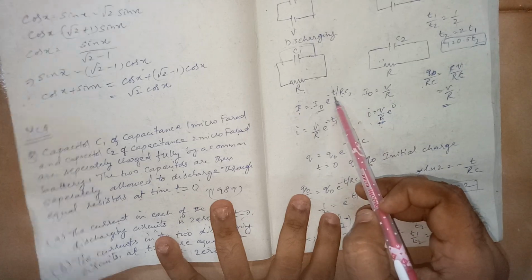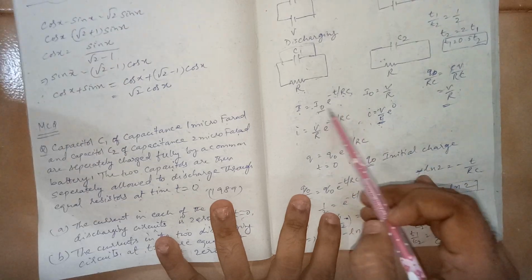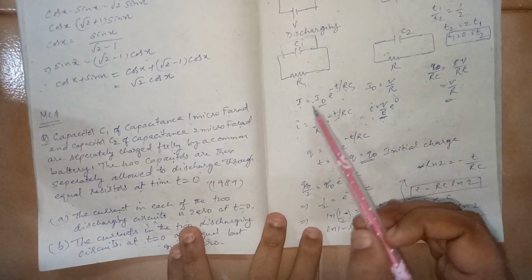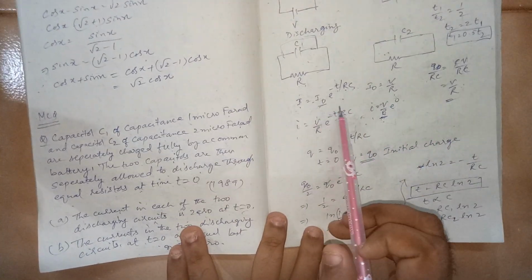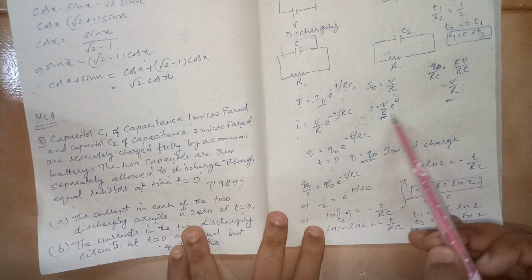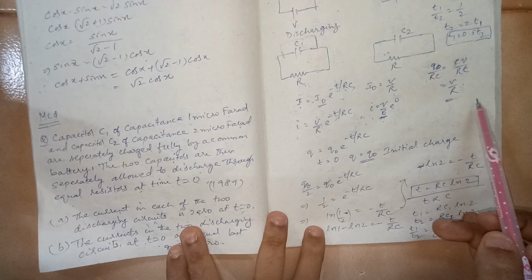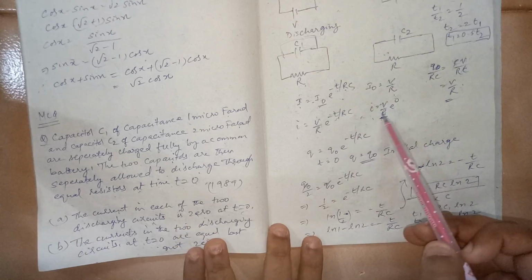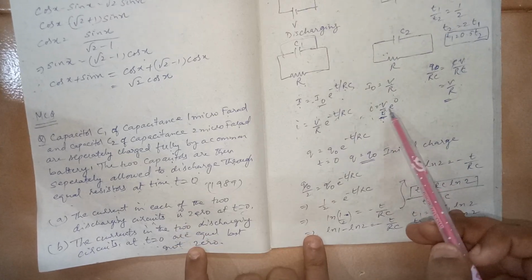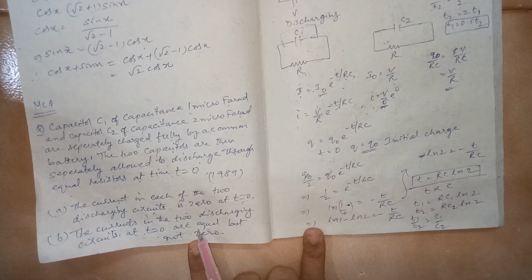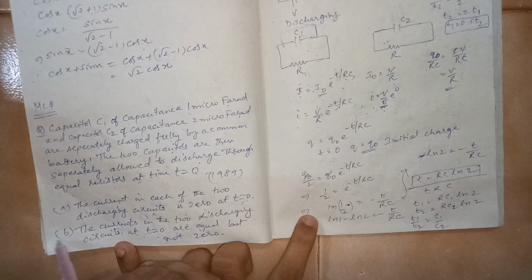But when you are taking t is equal to 0, this whole term becomes e power 0 only. I am trying to explain each and every step so that it is absolutely clear to you. So here I becomes V by R. It is not equal to 0, but it is some value. V by R has got some value, that is, it is definitely not equal to 0, and they are equal. So option B is correct.